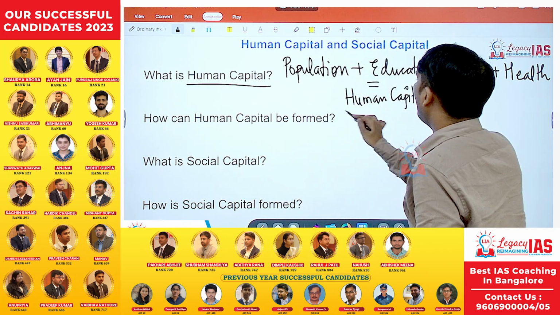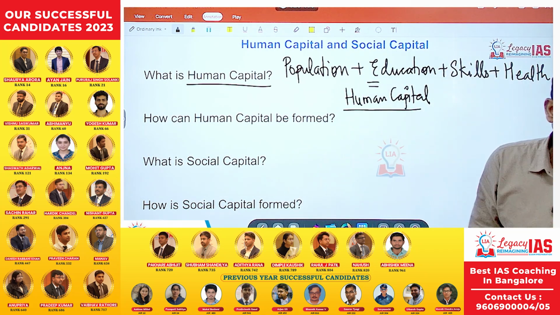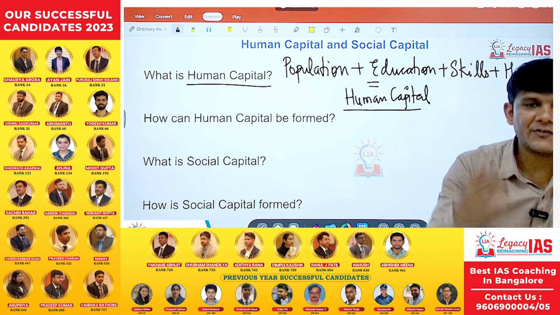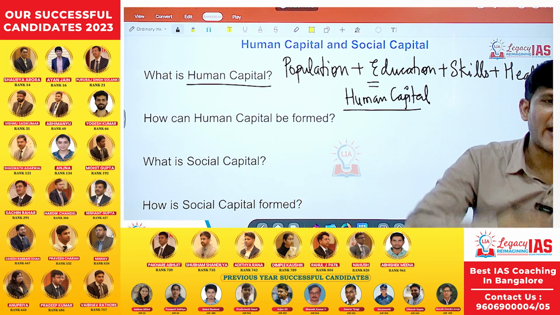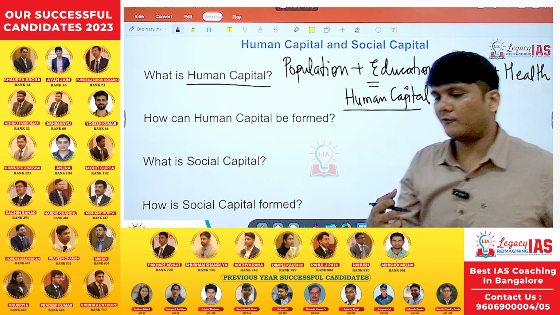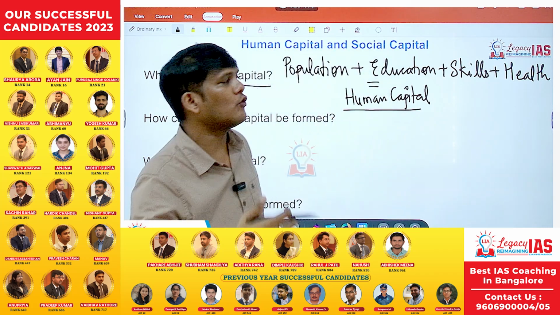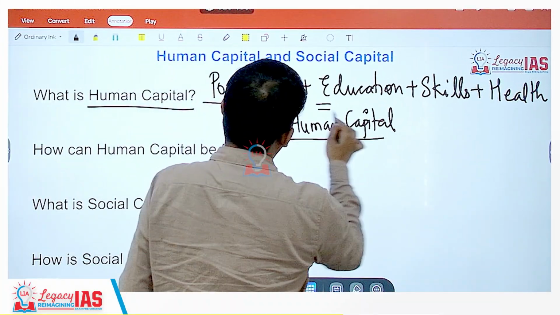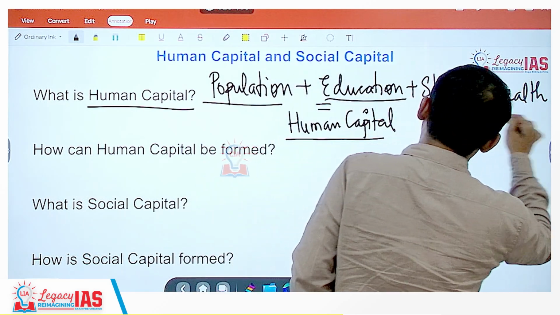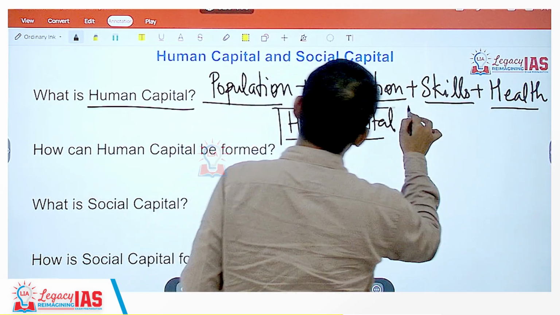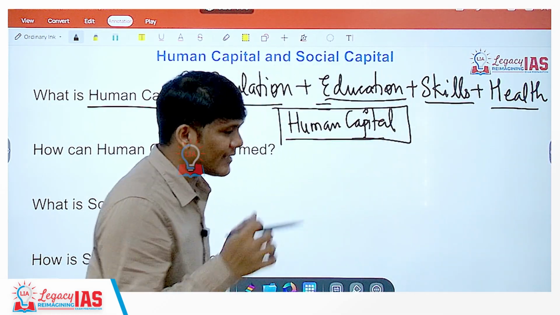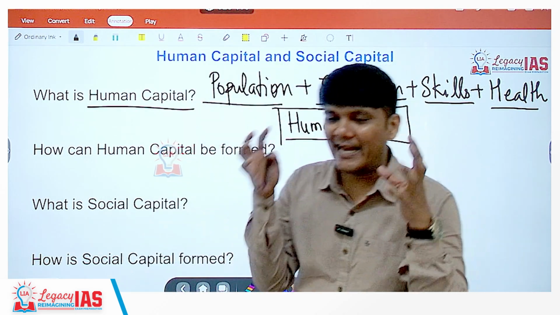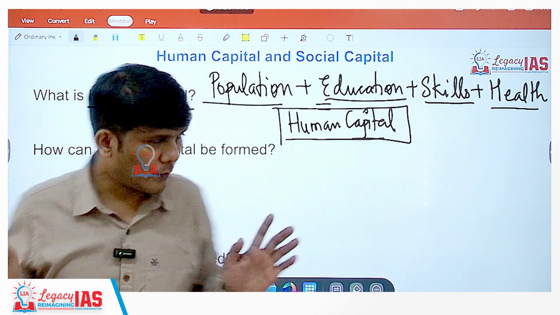Meaning now this population is able to work, to participate in the economy, to produce, to increase the productivity of the economy and to lead to economic growth. So population, when provided with education, skills and health, gets converted to human capital. So human capital is nothing but an educated, skilled and healthy population. I hope that's absolutely clear.